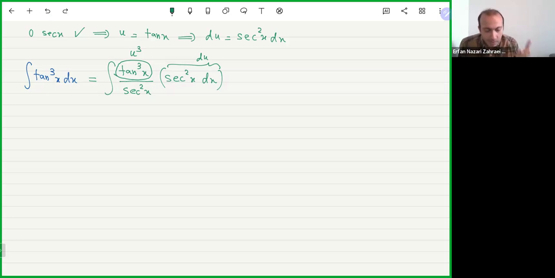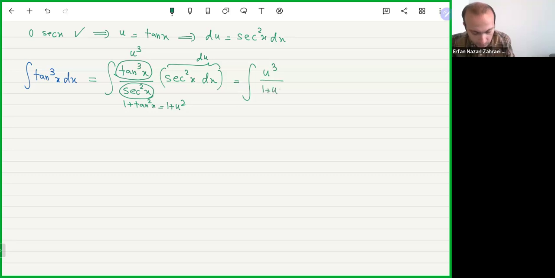The bottom, I need to convert to tangent, using the identity between secant and tangent: 1 plus tangent squared equals secant squared. So secant squared is 1 plus tangent squared, which is 1 plus u squared. In summary, we get u cubed over 1 plus u squared du.